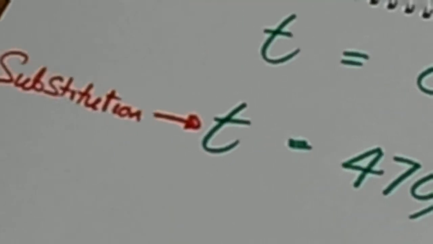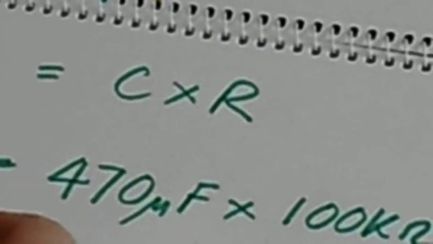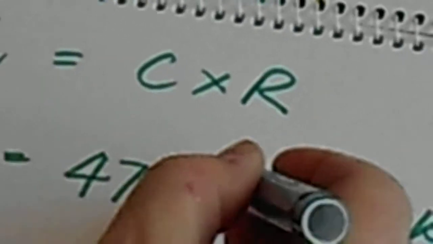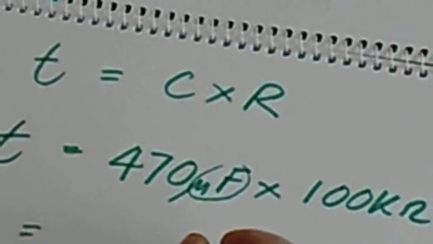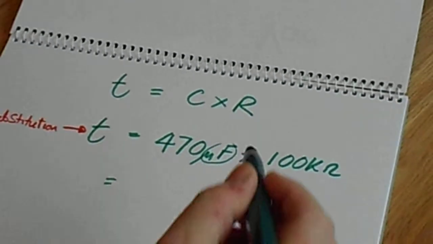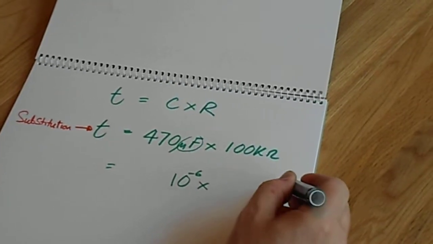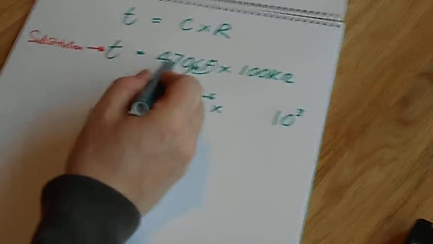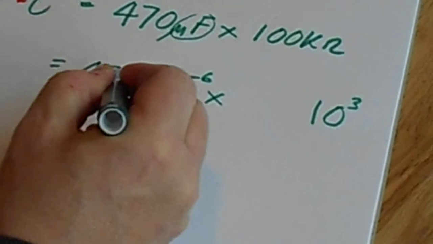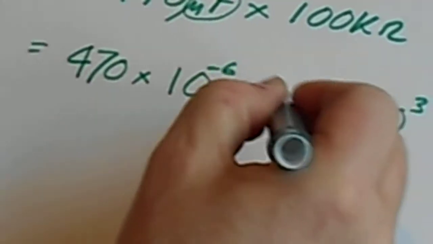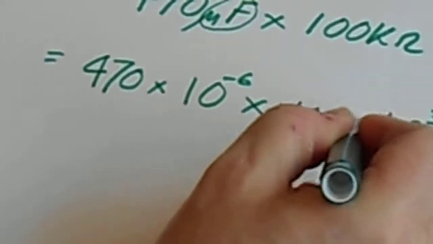We'll now have to do the math side of things. So where we've got 470 microfarads, the microfarads, we have to write it as 10 to the minus 6. We've got a times sign there, and the k, we have to write it as 10 to the 3. We've still got the 470 to deal with, and we've still got the 100 there to deal with.